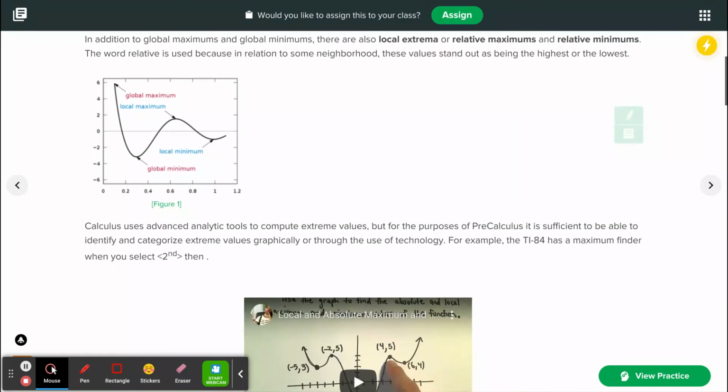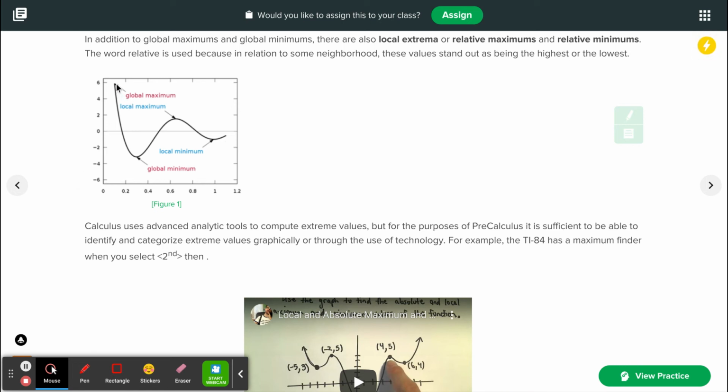Sometimes, depending upon the graph, you might not have a maximum or minimum because it goes on forever. If you have a line, for example, typically we don't talk about a maximum or minimum. With some sort of curvature like this, we can talk about certain points along that.